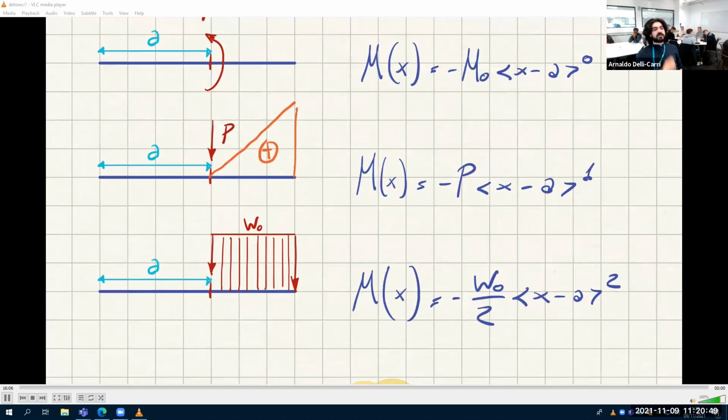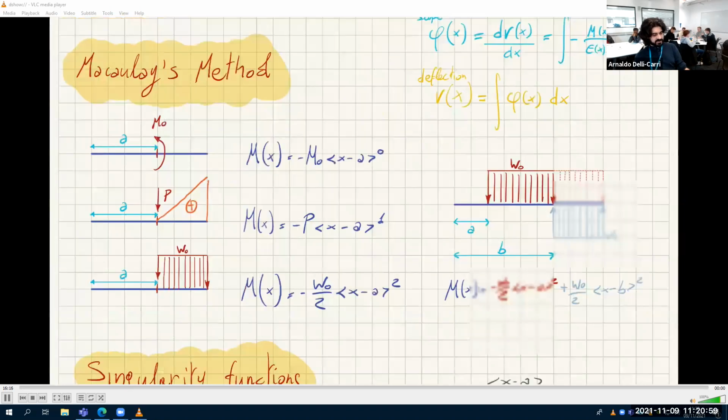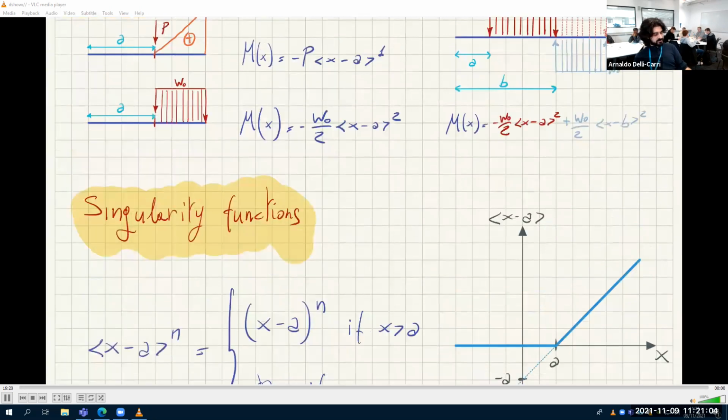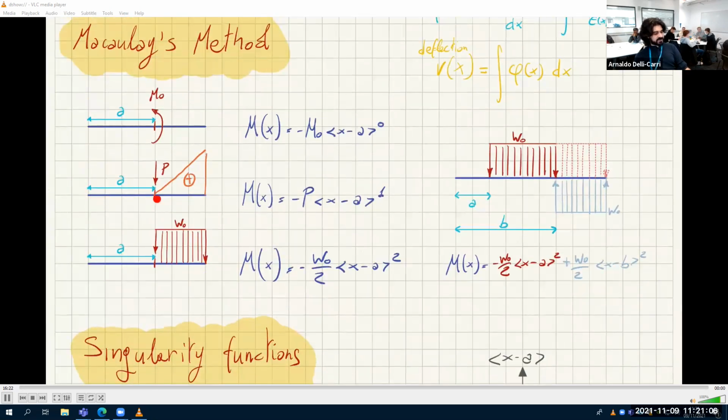Agreed? But that means that the associated singularity function is x minus a to the power of 1, which is exactly this that we did here. See, it doesn't exist until here, but then it starts existing after a.